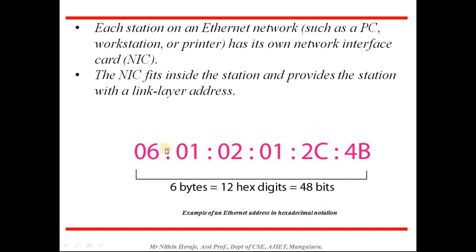Now, if you look at this, this is an Ethernet address in hexadecimal notation, which uses 6 bytes, each byte separated by a colon, and this has 12 hexadecimal digits, totally 48 bits.